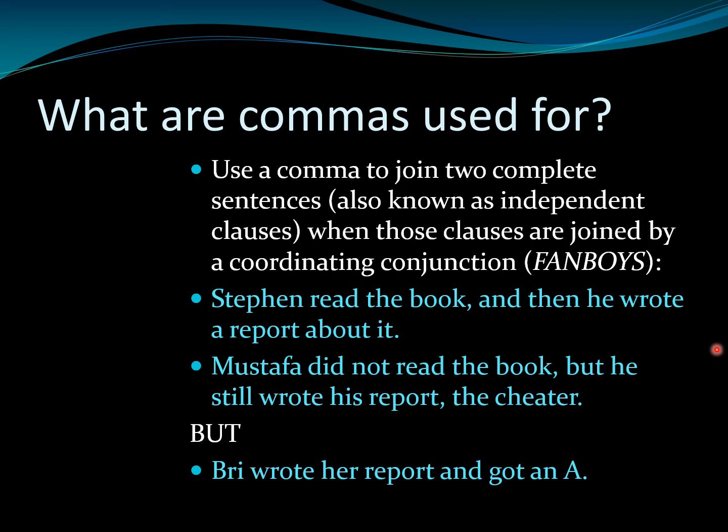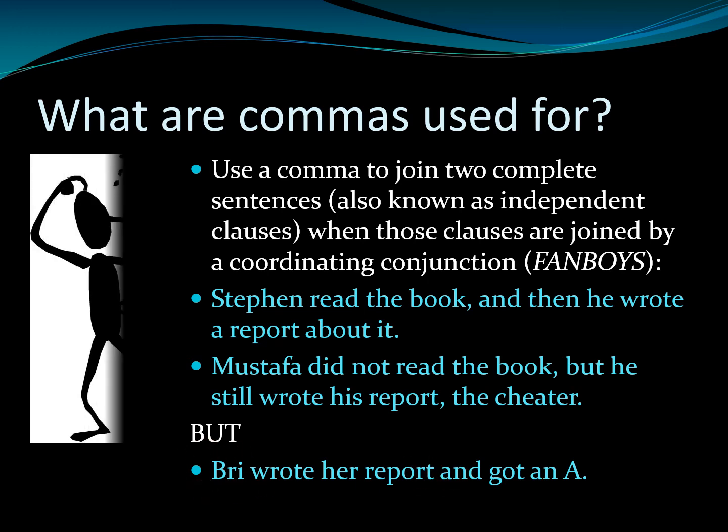Here you have the and, but look at both sides of it. Bree wrote her report and got an A. There's no subject in that second phrase, and that's because these 2 phrases are not independent. They're dependent clauses that share the same subject. So no comma goes there.